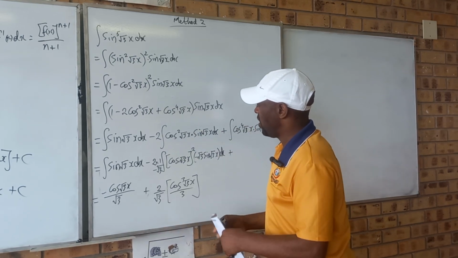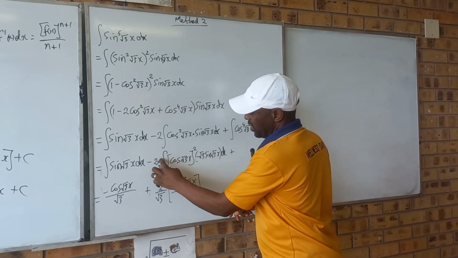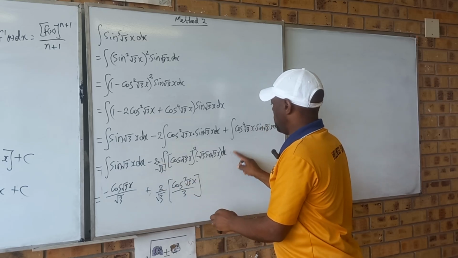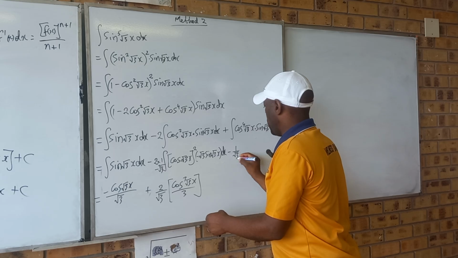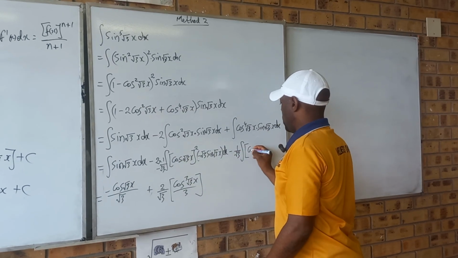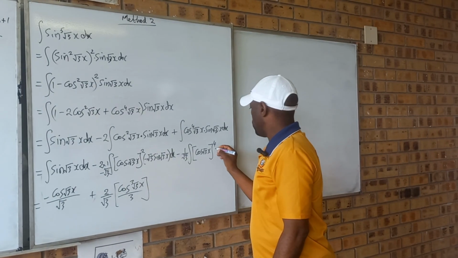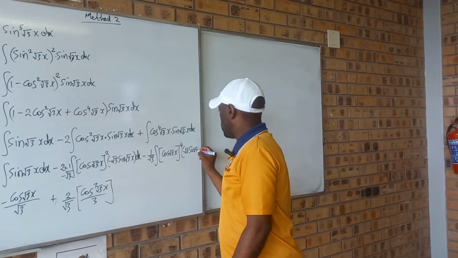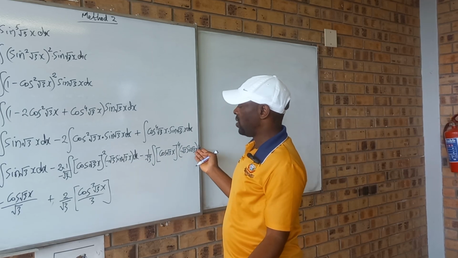You must remember, my adjustment didn't involve this negative 2. I started adjusting by putting negative 1 over 3 outside. So if I'm doing the power rule here, I will get negative 1 over 3 times the integral of, I'm just copying this and pasting here, cos root 3x to the power 4 multiplied by negative root 3 sine root 3x dx. So that's my simple adjustment.